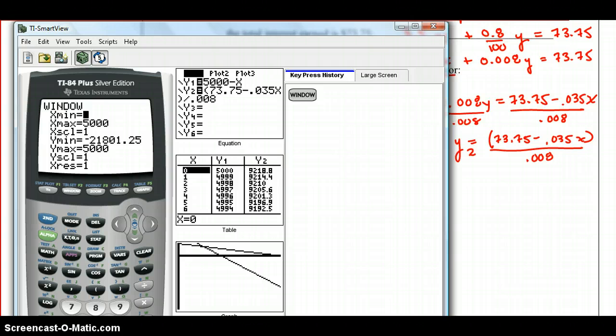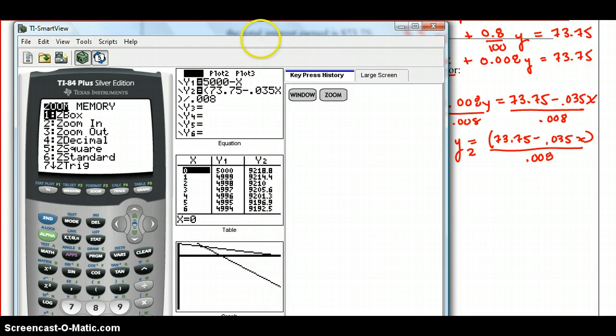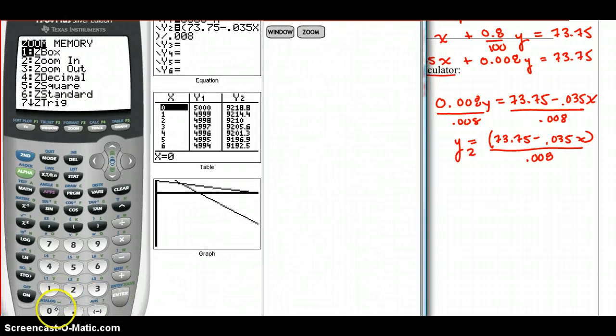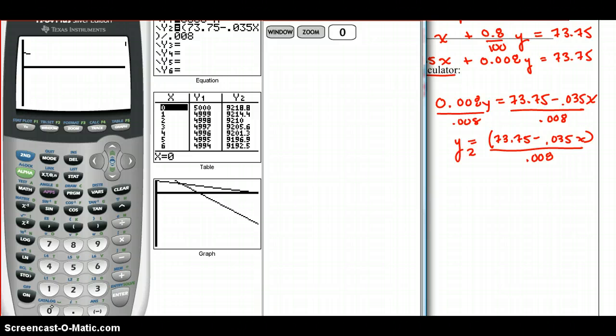Now, we have $5,000 that we're investing, so we're going to let our min amount invested in the account be 0, and the maximum that could be put in one of those accounts is $5,000. Then we're going to try Zoom 0 to let the calculator do the work on Y min and Y max.